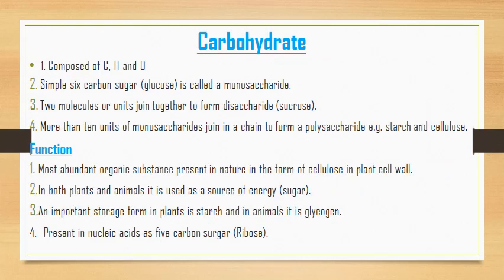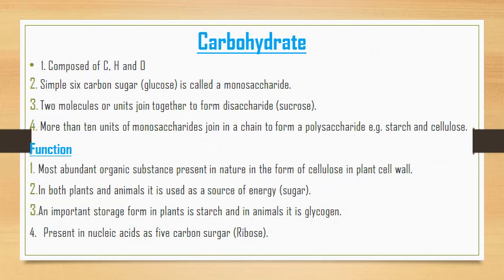Next is carbohydrate. This is composed of carbon, hydrogen and oxygen. A simple six carbon sugar is glucose. This is called a monosaccharide. Two molecules joined together form a disaccharide. This is sucrose. More than 10 units of monosaccharide join in a chain to form a polysaccharide. Examples: starch and cellulose.